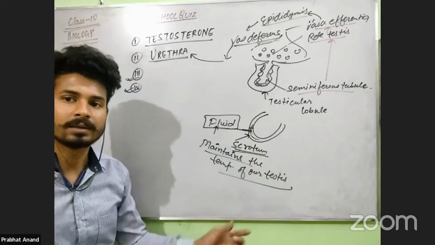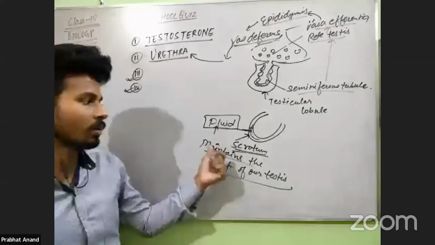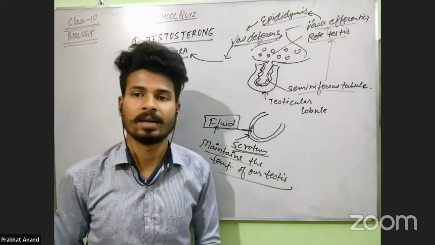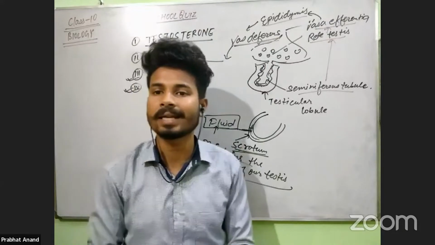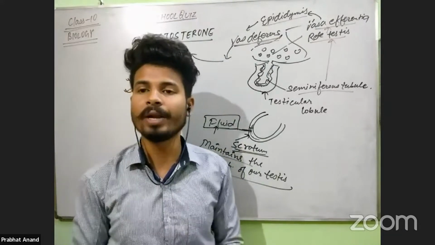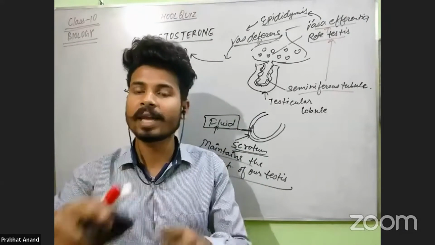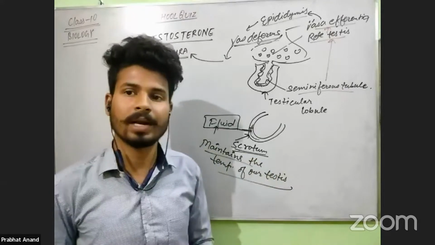Everyone got it? Sir, can we say the liquid present in the scrotum is also known as scrotum? No, no, no. The scrotum is the covering of the testes, so we cannot call that fluid the scrotum. The fluid-filled cavity is called the scrotum, right?